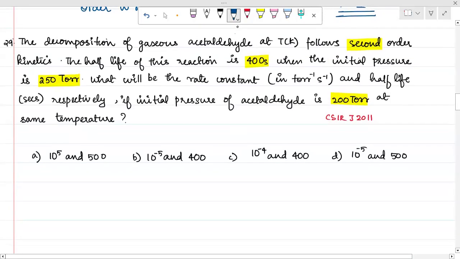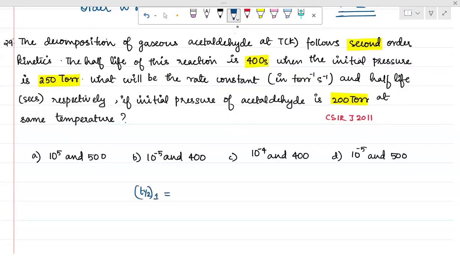So first of all, they have given that initial T half 1 was 400 seconds when your initial pressure, so this is acetaldehyde, let's say P naught 1 was 250 torr. Now they are asking if the initial pressure is changed to 200 torr, what would your new T half be? This is the question.